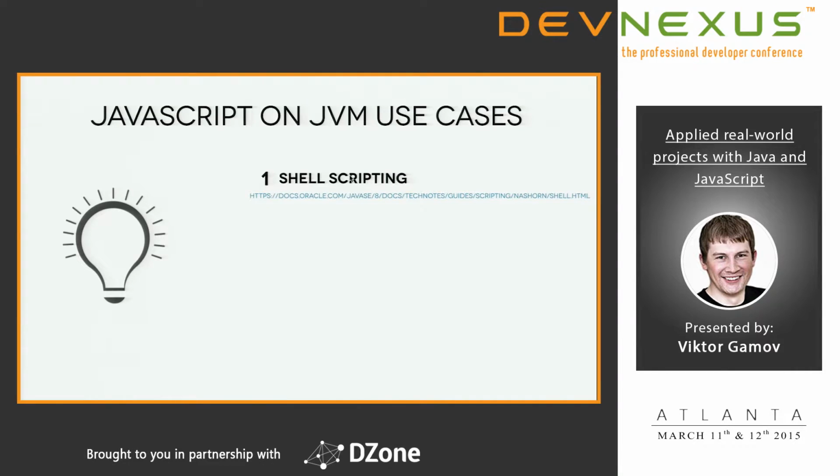The more examples and more information about scripting capabilities, you can find on this link in my presentation afterwards. Also, JavaScript is a dynamic language, so you can do extension of your application without restart. One of the examples of what I did is I provided a way for some clients to do this.